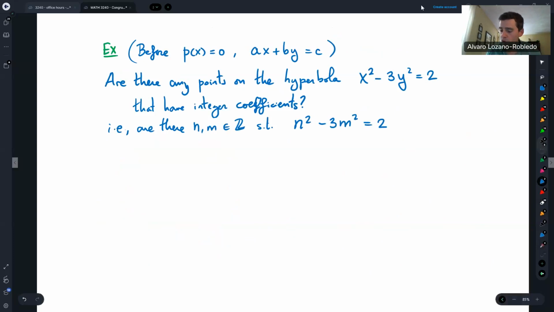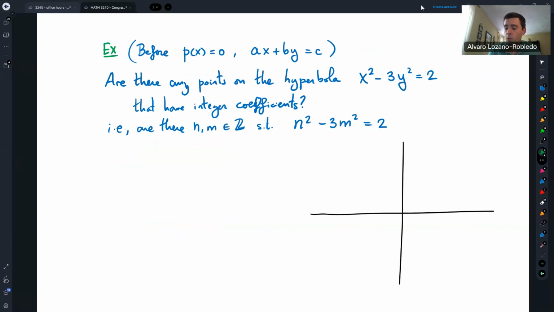By the way, if you want to graph this hyperbola, let's see, how do we graph this? This hyperbola has the points square root of 2 comma 0 in here. This is the square root of 2, and also minus the square root of 2 is there.